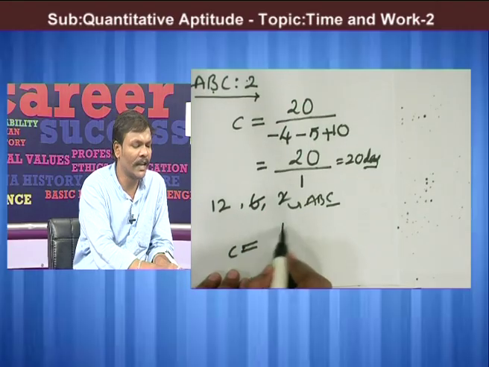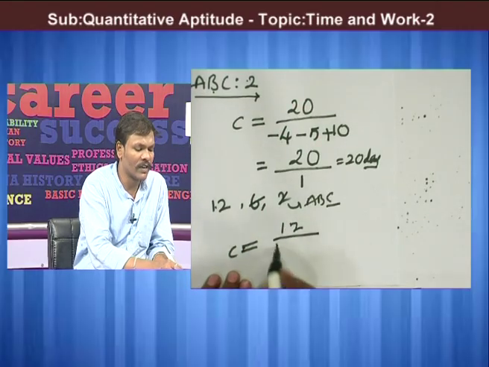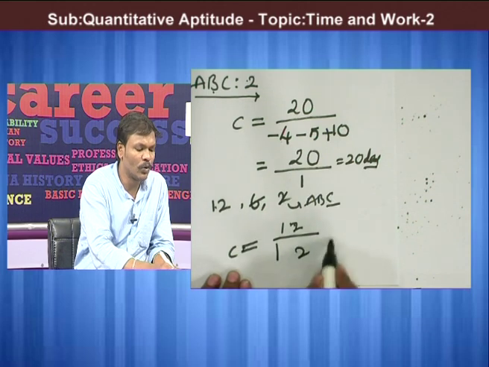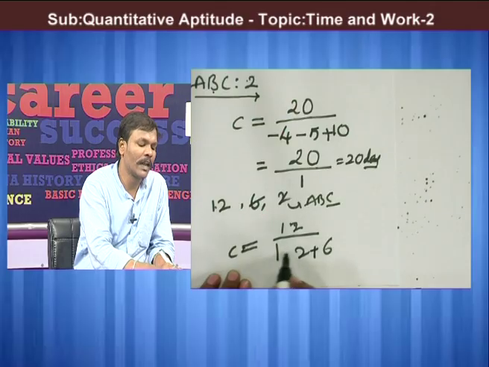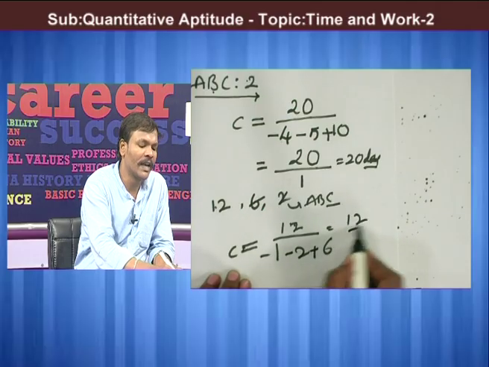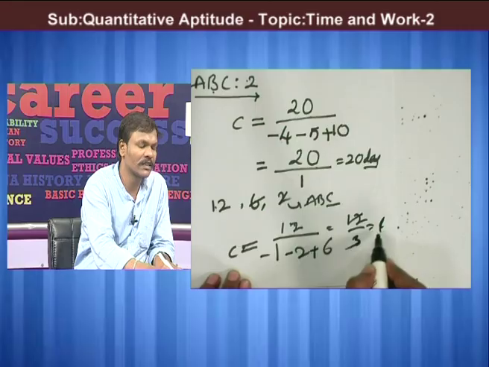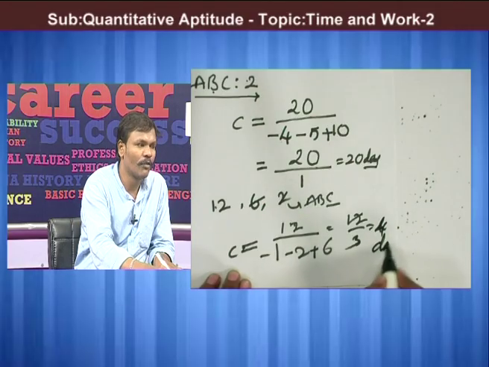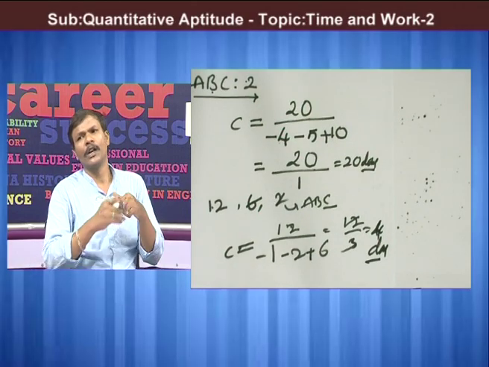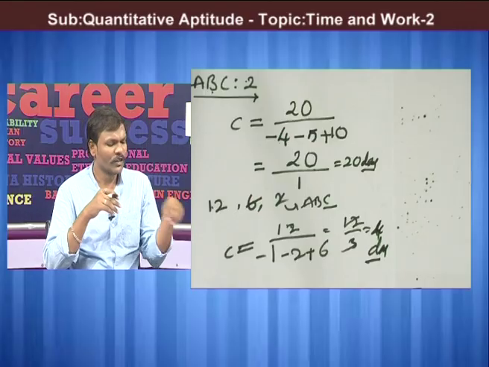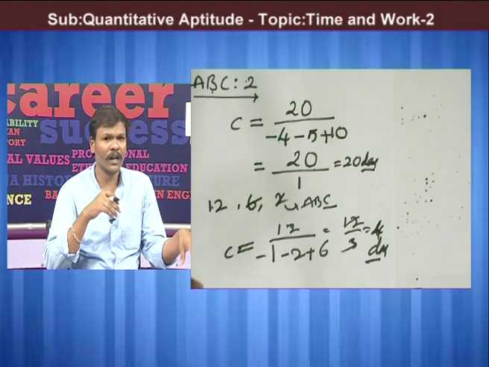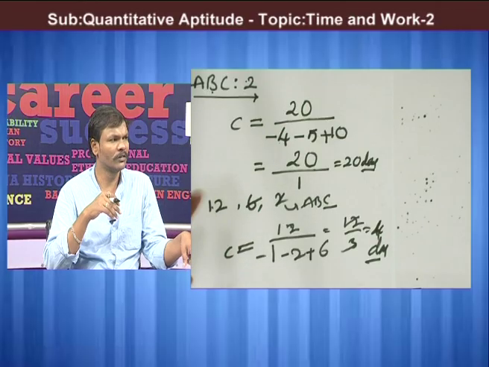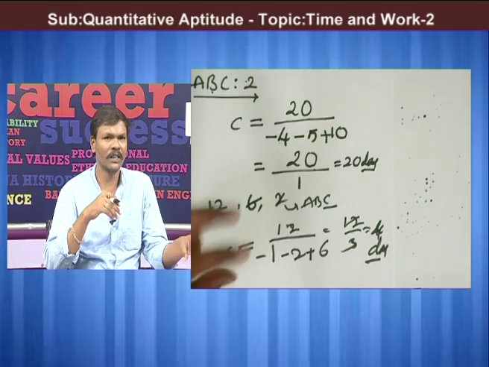So, the LCM is simply 12. 12 1s are 12, 6 2s are 12, 2 6s are 12. The ABC value is the last one, only the last one is positive, the remaining are negative. 12 by 3, how many days? It was 4 days. So, it took only 20 to 30 seconds. So, this much of concepts we have to learn to solve the question. Is it clear? So, we have to note down the question and solve it.